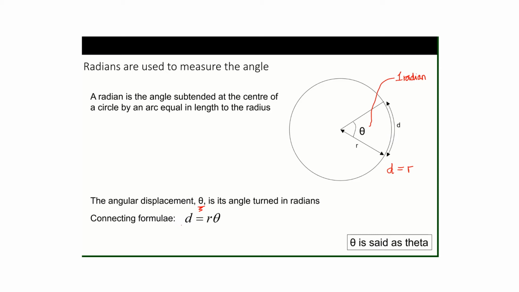So the distance moved, or the displacement, in metres, equals theta, which we call the angular displacement, in radians, multiplied by r, where r is the length of the radius. And that, of course, is measured in metres as well. So that's the link for angular displacement to the displacement of a point round the edge.